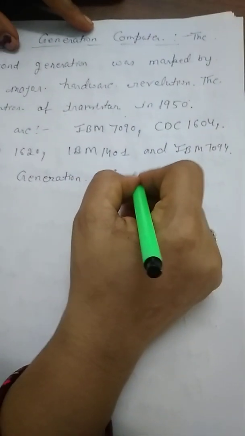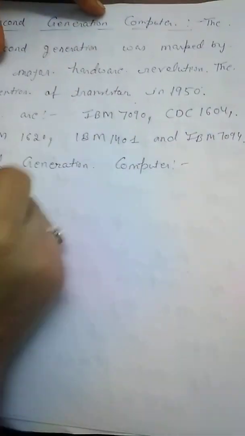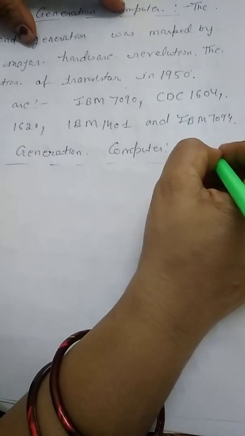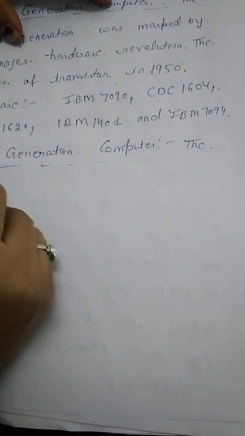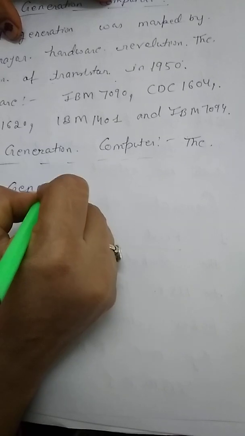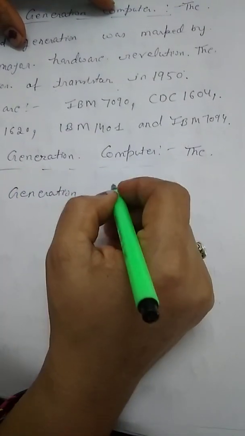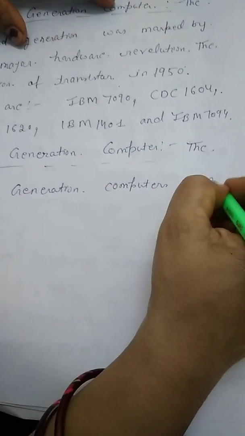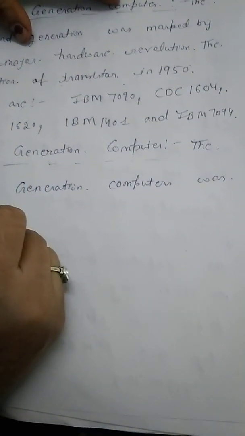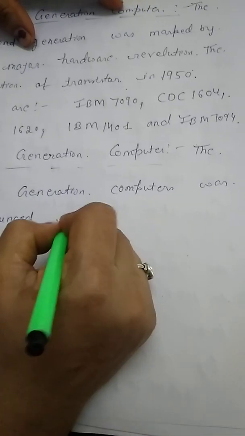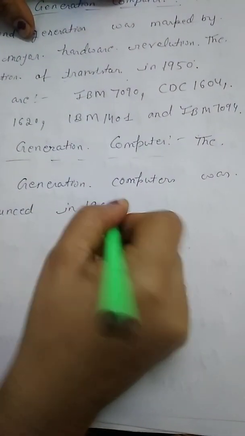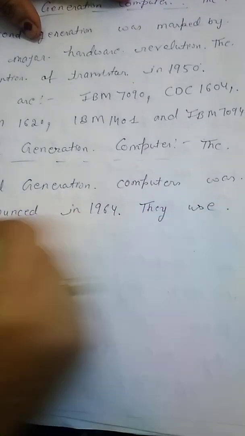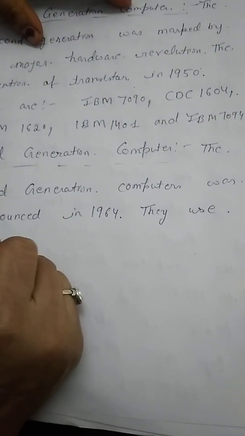Okay, now next is the third generation computers. The third generation computers were announced in 1964, and they use integrated circuits.